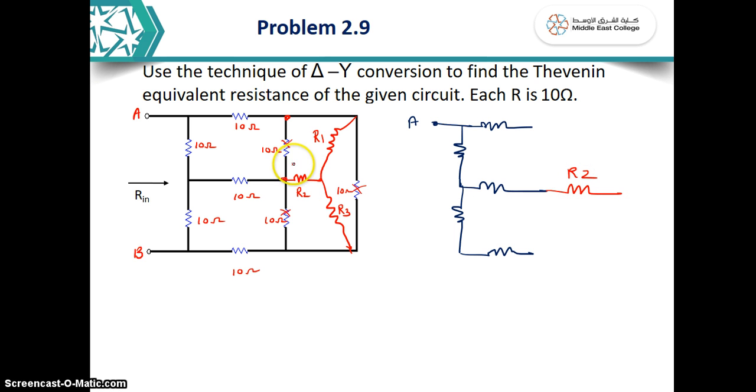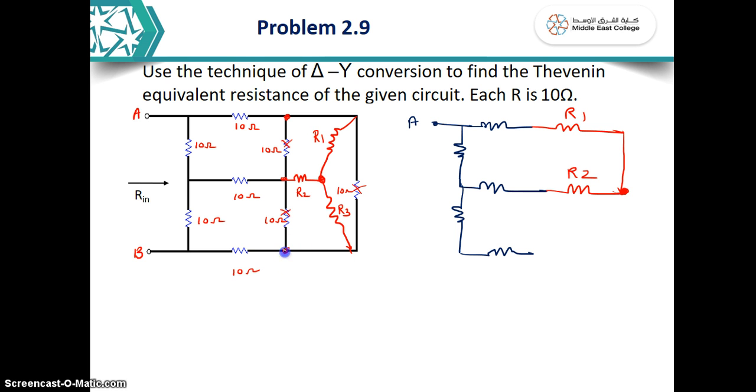Fine. Now to this resistor we have R1, to this resistor we have R1. The other end of R1 is connected to R2. At this point you have R2, and the other ends of R2 and R1 are connected together.